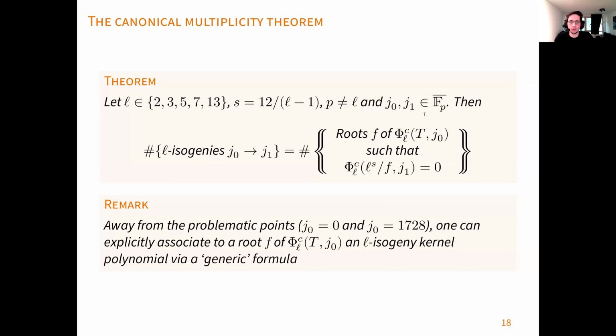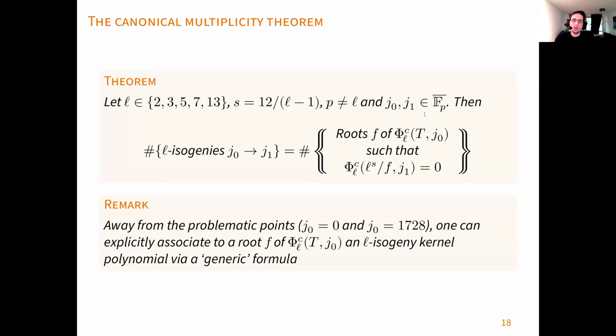So there will be no roots of higher multiplicity than 1. And then one can explicitly associate 2 roots of this canonical modular polynomial and kernel polynomial for an elliptic curve that one can also define via a generic formula. And this curve will have j-invariant J0, and the target of the isogeny defined by this kernel polynomial will have j-invariant J1. So this will really encode an l-isogeny from J0 to J1.